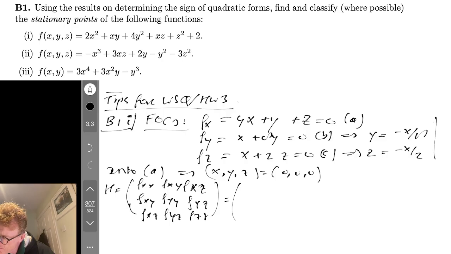Looking from here, it's 4, 1, 1, 1, 8, 0, 1, 0, 2.